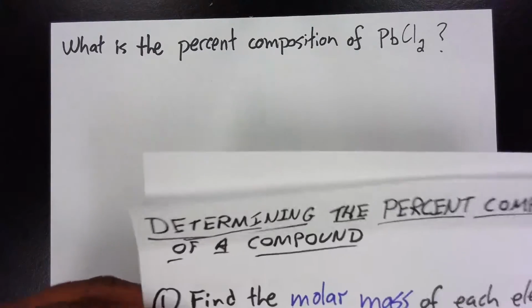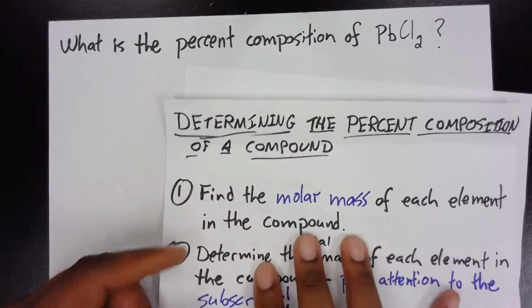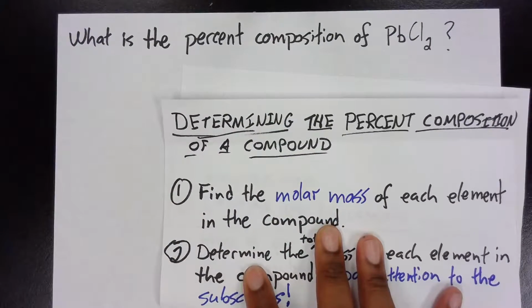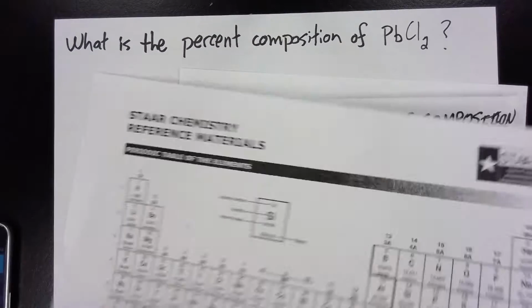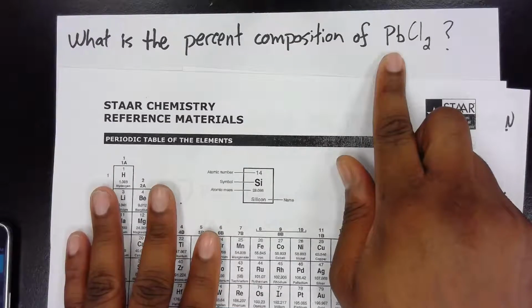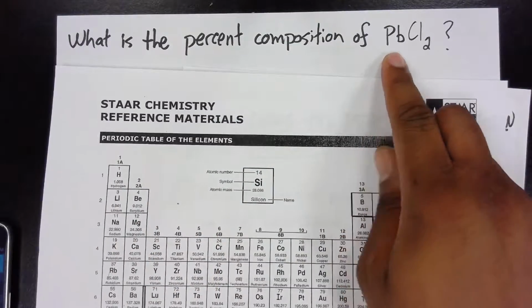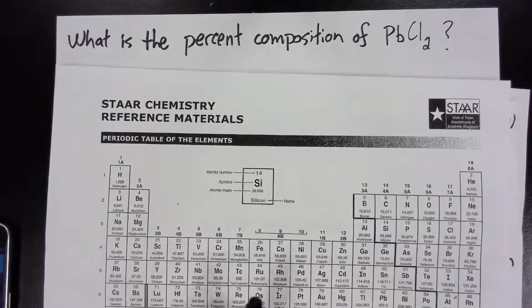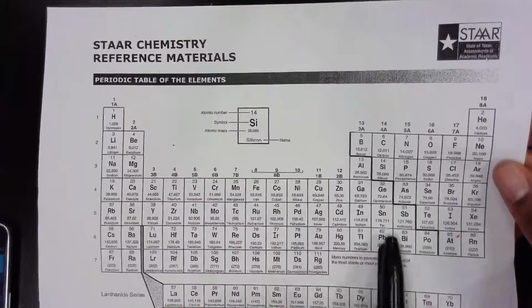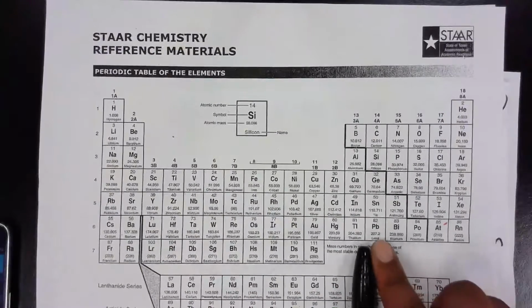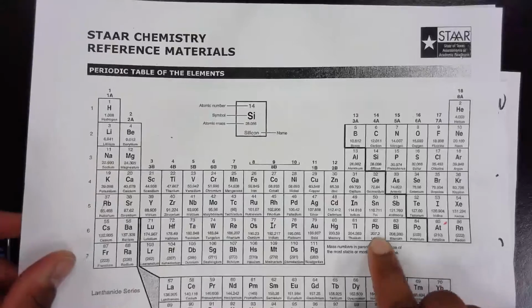So walking through each step, the first step is finding the molar mass of each element in the compound. So I'm going to take out my periodic table, and I'm going to find the molar mass of lead, which is Pb. And on the periodic table, we see it has a molar mass of 207.2 grams.